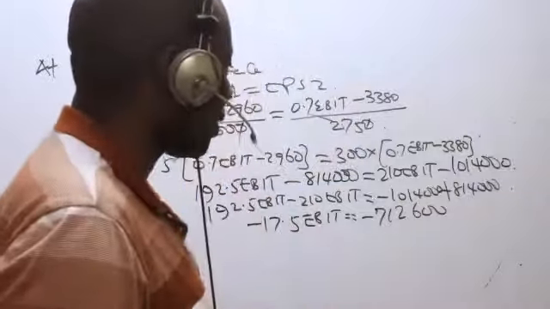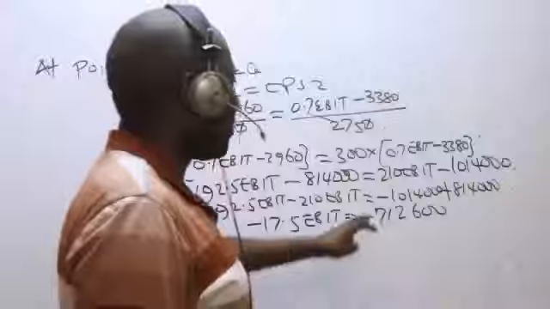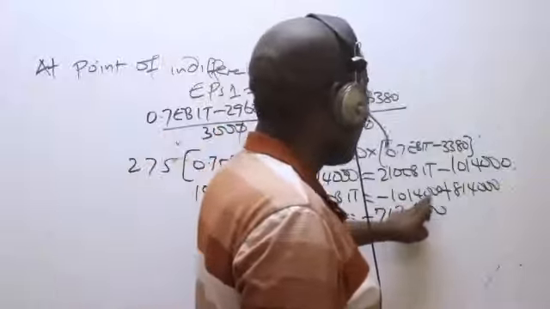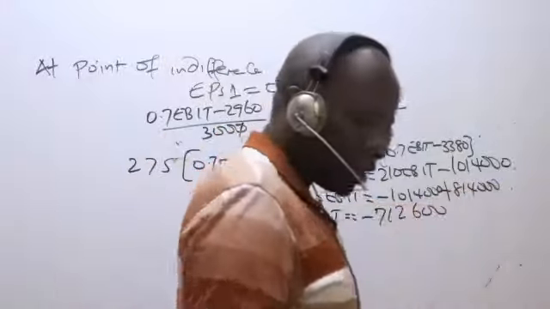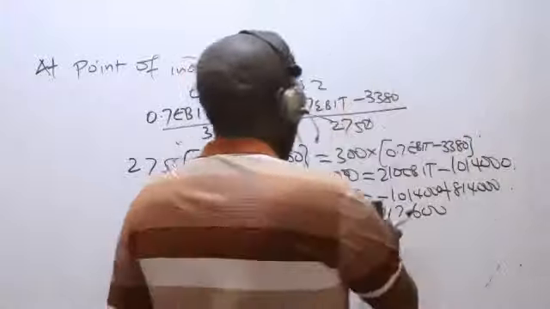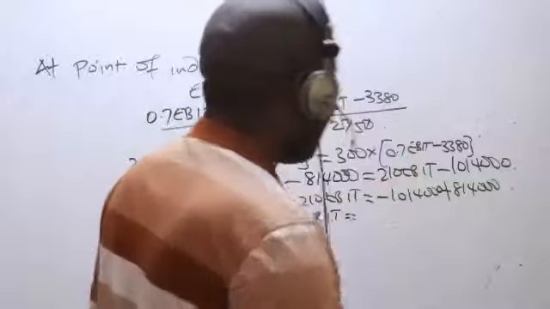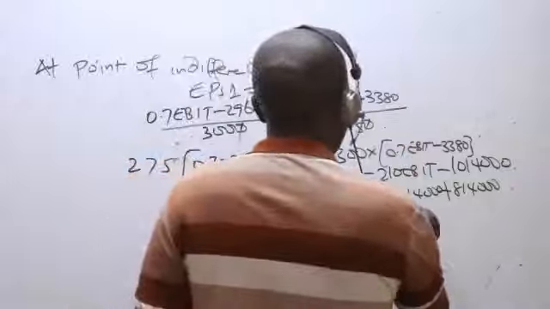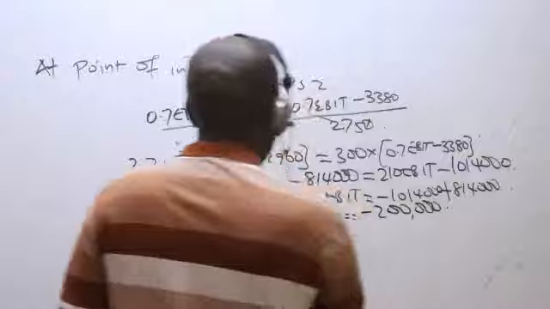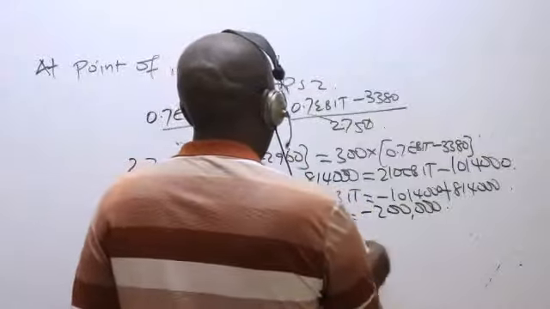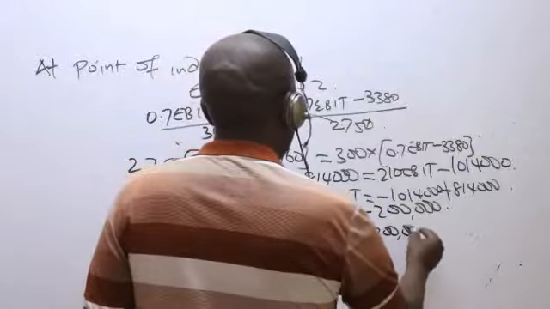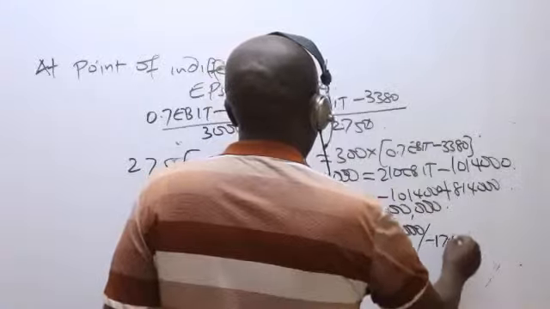Thank you very much. Then what is minus 1014,000 plus 814,000? I'm being told this is minus 200,000. Therefore, EBIT will be equal to minus 200,000 divided by minus 17.5.